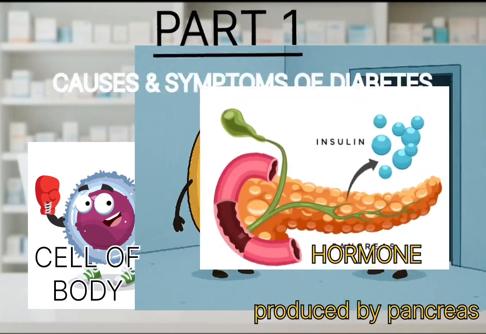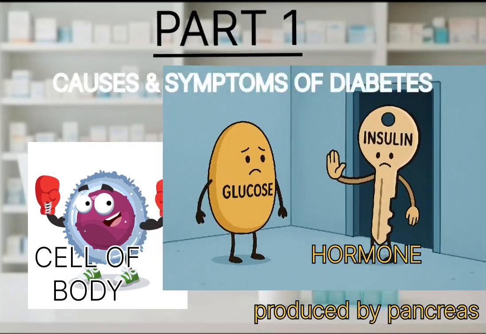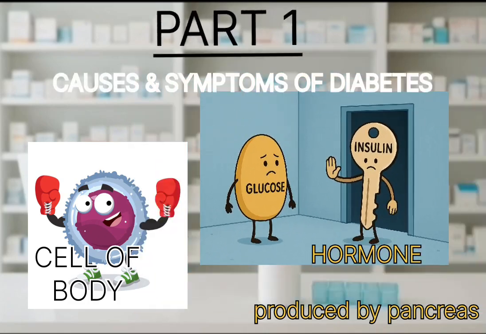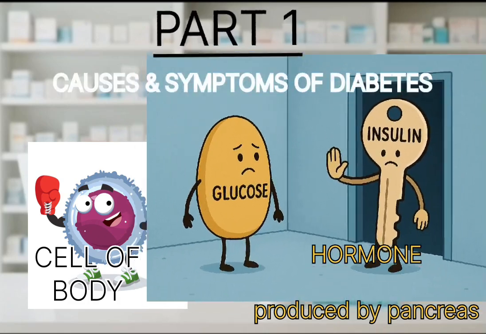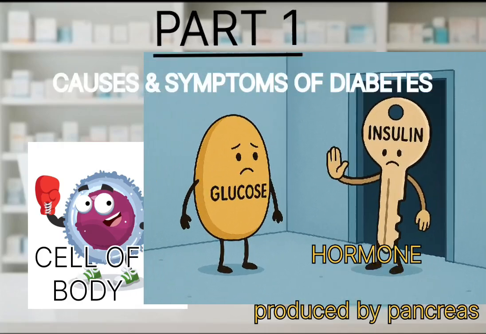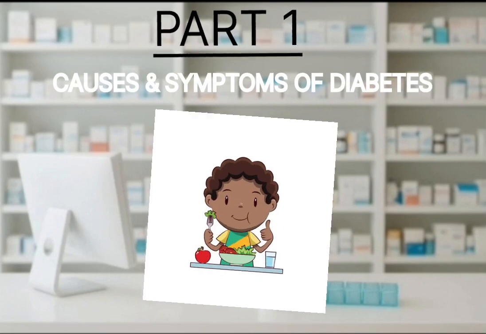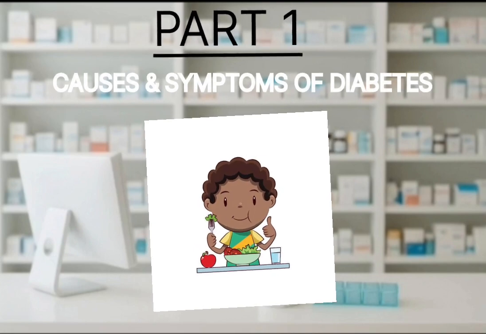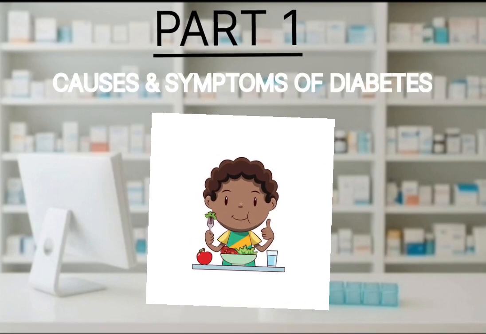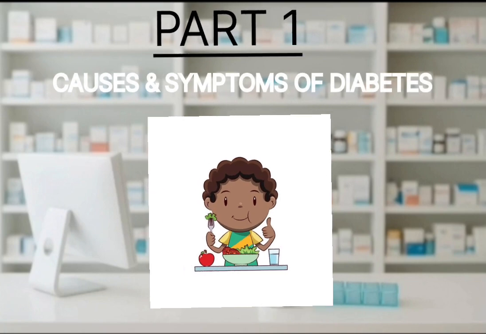That means this insulin is responsible for allowing the cell to uptake the glucose inside it. Now what is the function of glucose and from where do we get it? Guys, from the food we eat, we get glucose, and glucose is really very necessary and important for getting energy for various bodily functions.